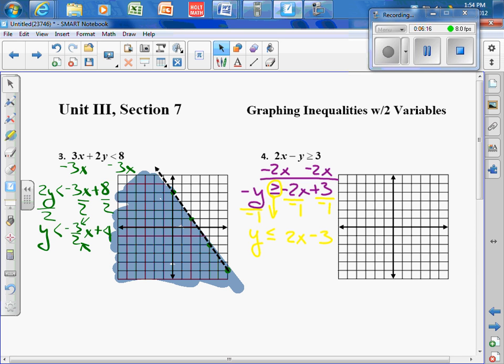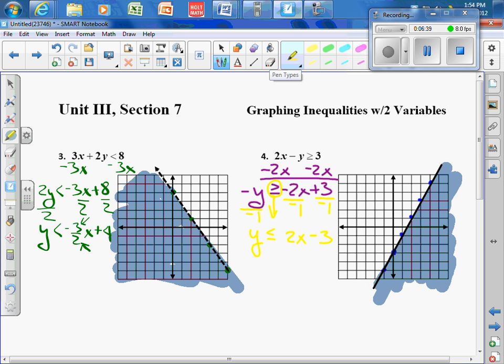So I start at negative 3 on the y-axis, and I'm going to rise 2 and run 1. Down 2, left 1. I will be drawing a solid line. Take your line all the way across the graph using a straight edge, and we're going to be shading underneath. So any point in the shaded area will satisfy this inequality.